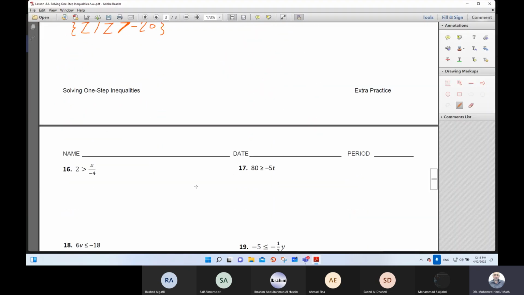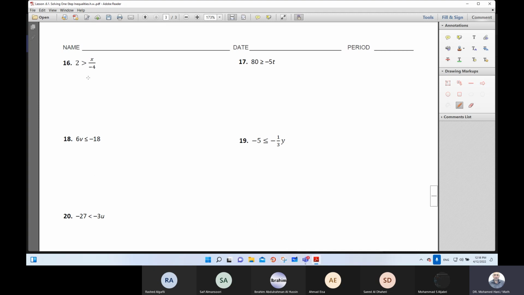Okay. Fine. To solve this problem, we want to remove -4 from the denominator. So you can multiply the two sides by the same number. Multiply here by -4 and multiply here by -4.